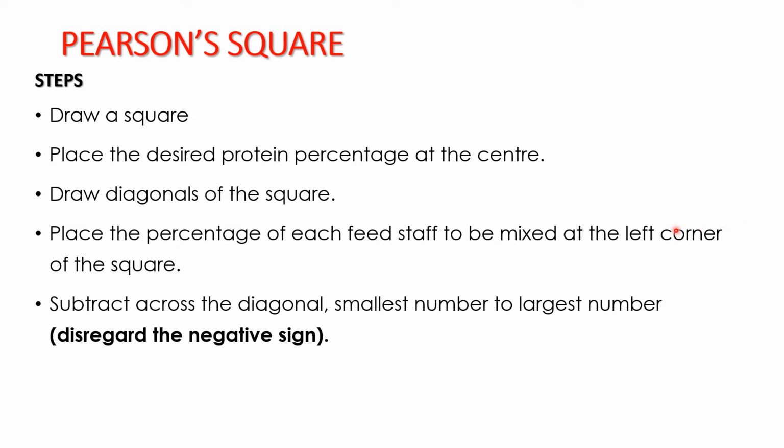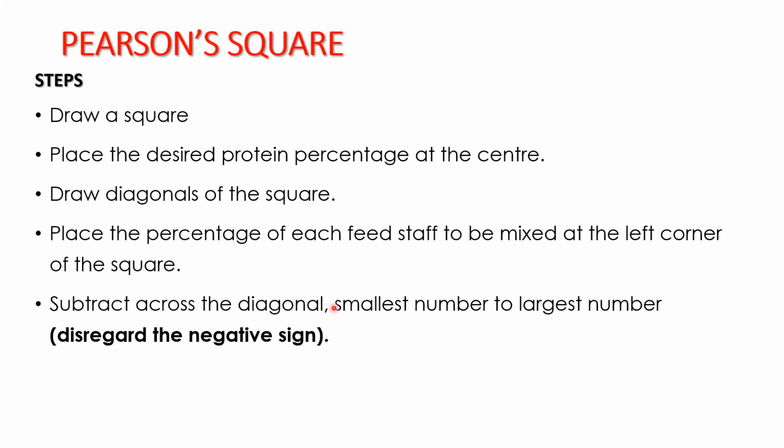the square. Then you subtract across the diagonal, smallest number from largest number. The numbers we're talking about here are the desired protein percentage which you have placed at the center, and you subtract from it the percentage of each feedstuff to be mixed, which we have placed at the left corner of the square.